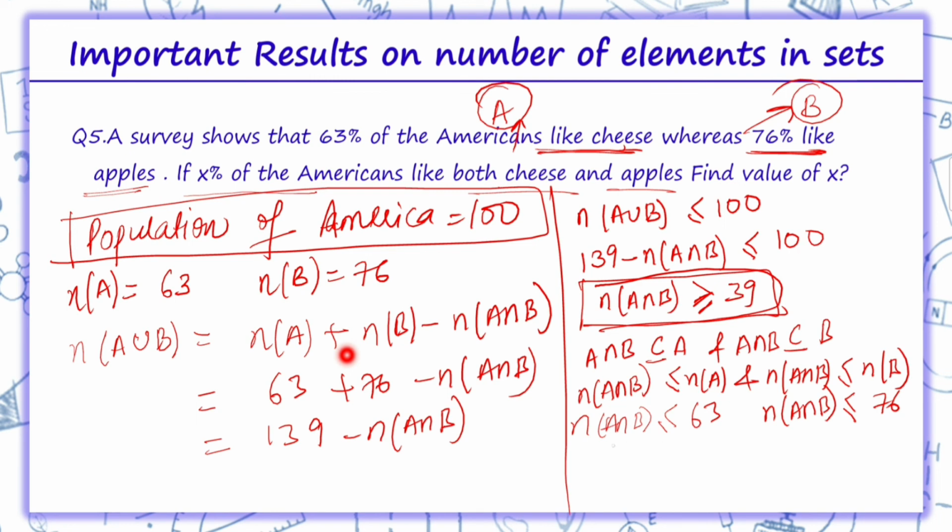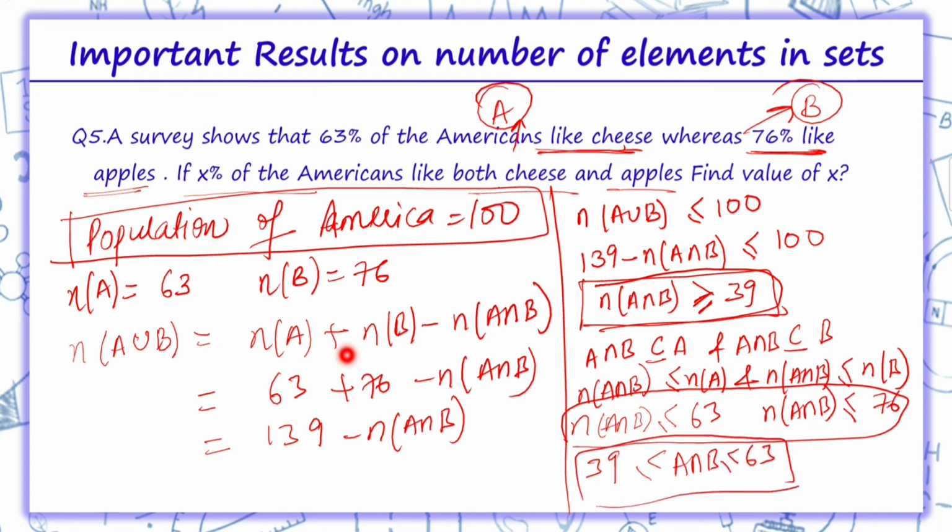Now they have told it should be greater than or equal to 39. On combining these statements, we can come to the conclusion that A intersection B will be greater than or equal to 39 but less than or equal to 63. So this is X%.